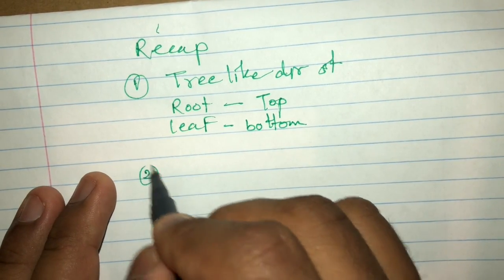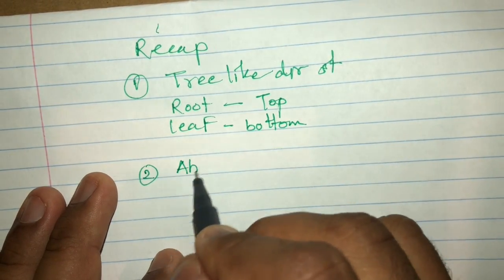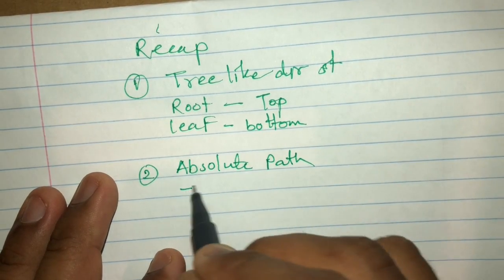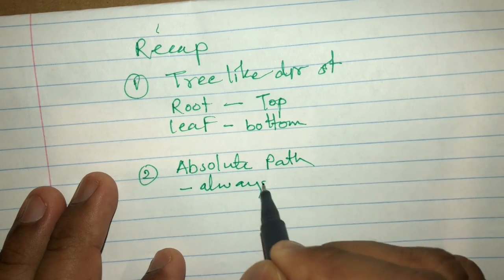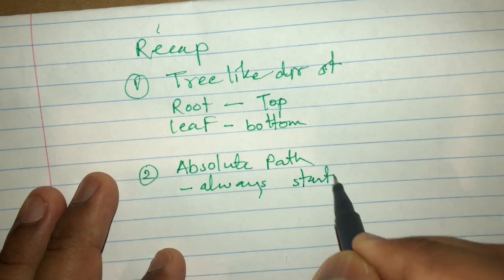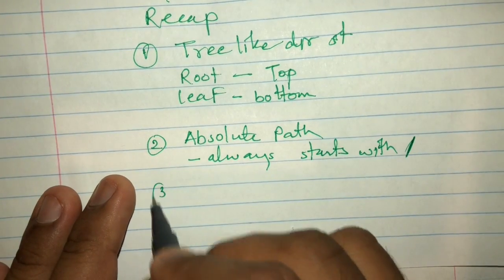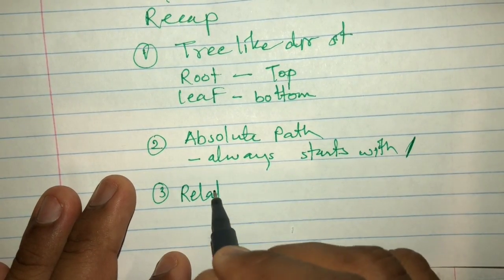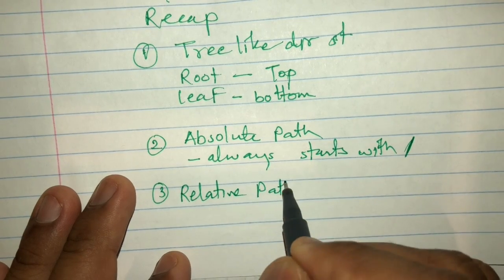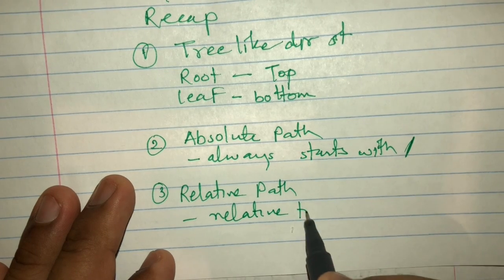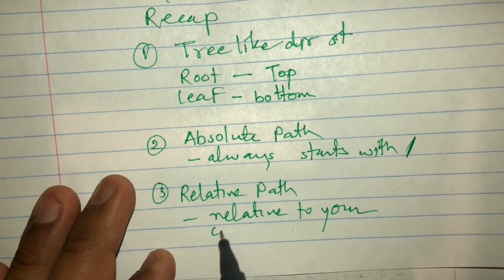Then there are two types of path. One is absolute path, which always starts with root. And then the third thing was relative path, which is relative to your current location.